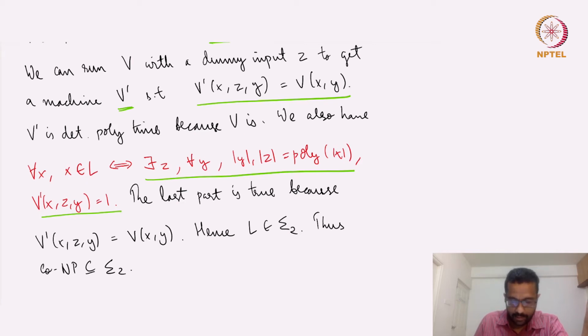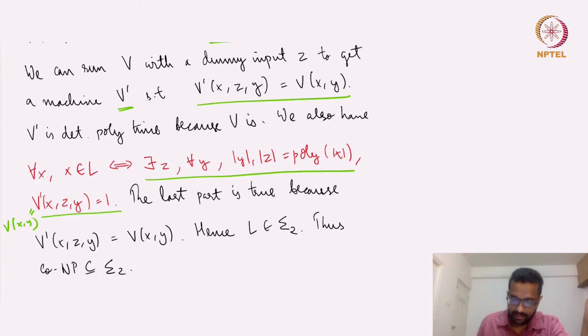V'(x, z, y) will actually be simply V(x, y), which is what I have written over here. So the existential quantifier for z doesn't really come into play. Finally, whether V'(x, z, y) is equal to 1 or not only depends on x and y, it does not depend on z.